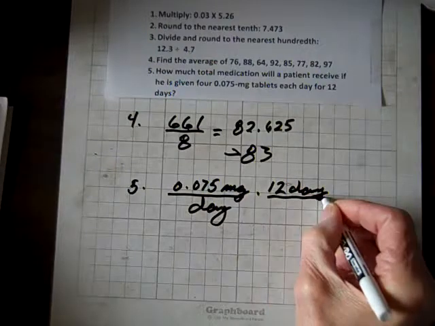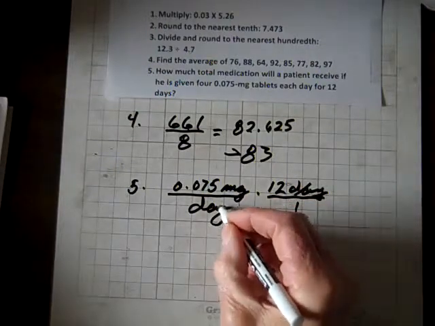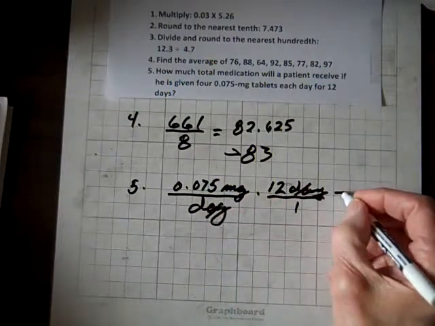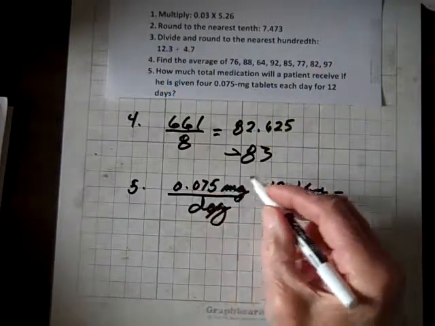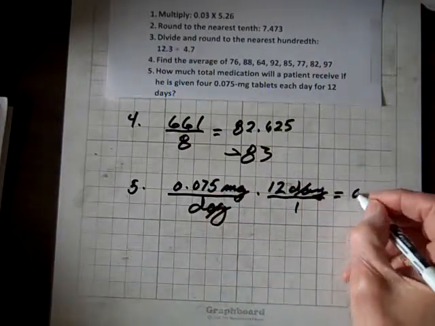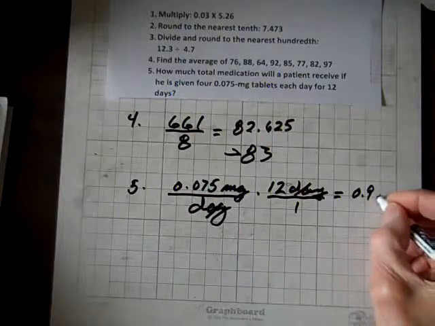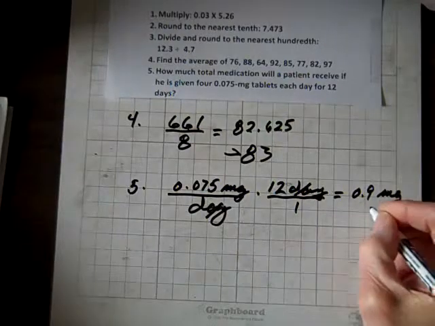So let's just multiply these. The days will divide out, and when we carry out this multiplication of 12 times 0.075, I get 0.9 milligrams. And we've done it.